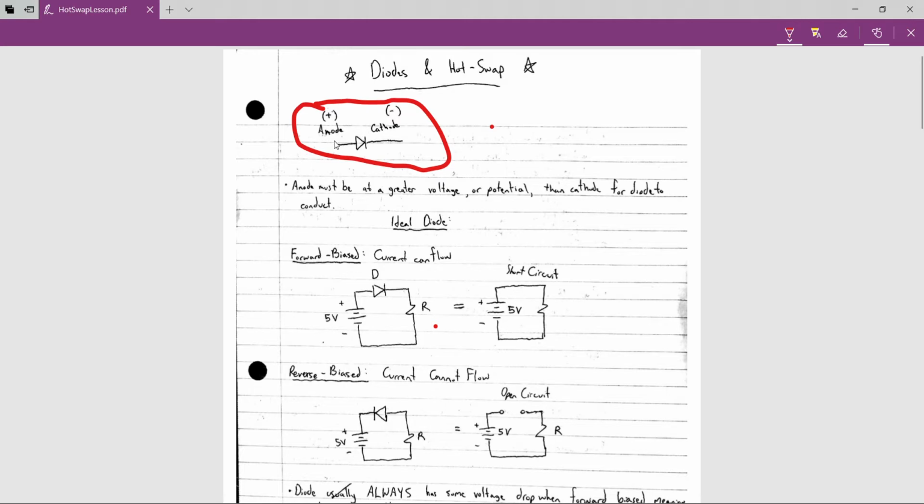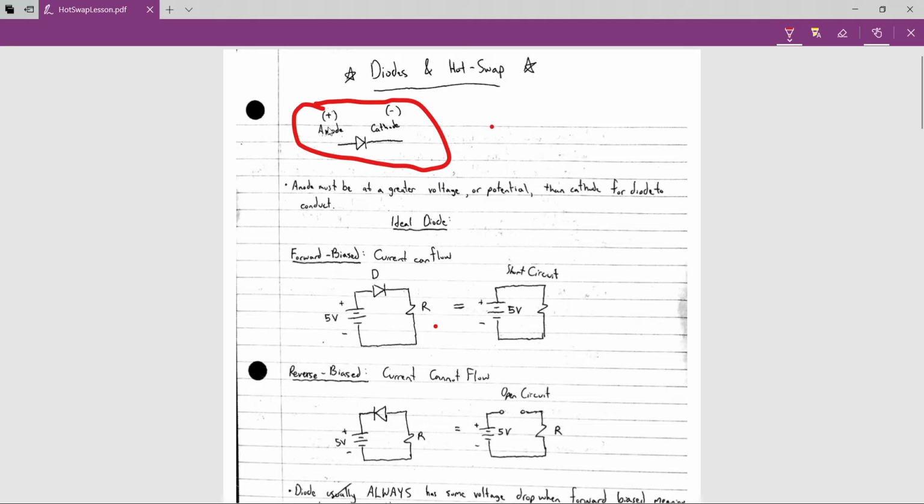So a diode is basically an element that only allows current to flow in one way. That's generally what it does. There are exceptions to this, but more or less that's what a diode is for. In a diode like this, current will be allowed to flow from left to right, but not from right to left.